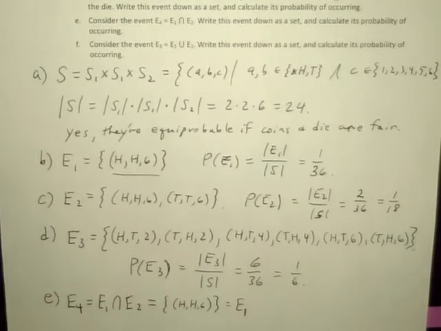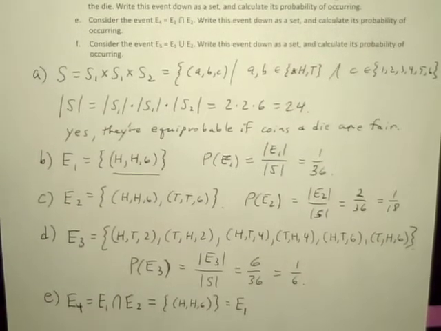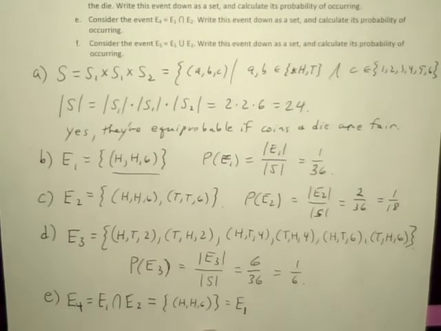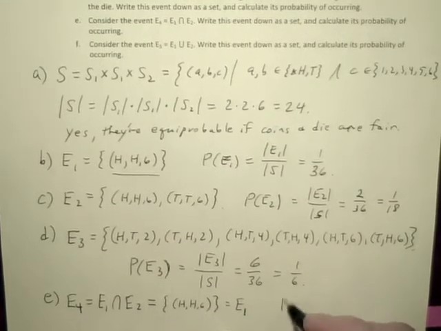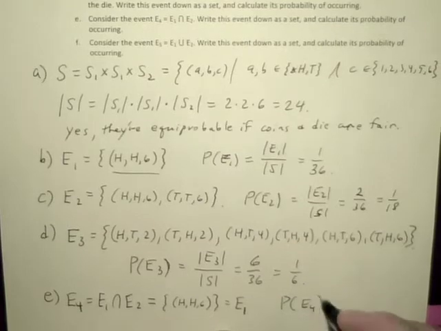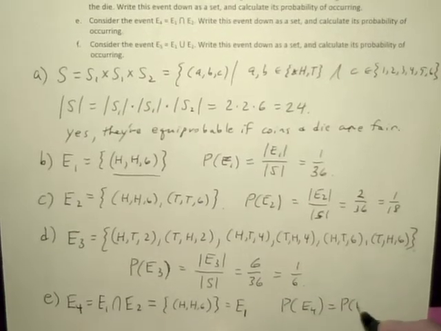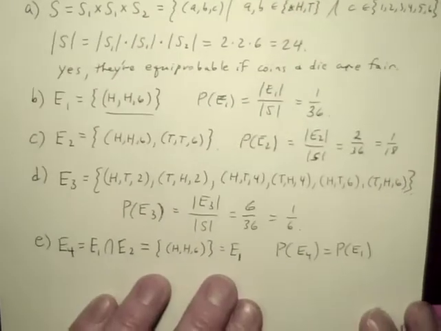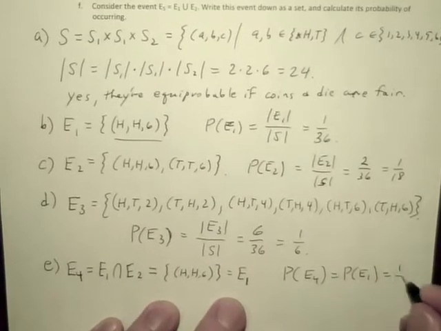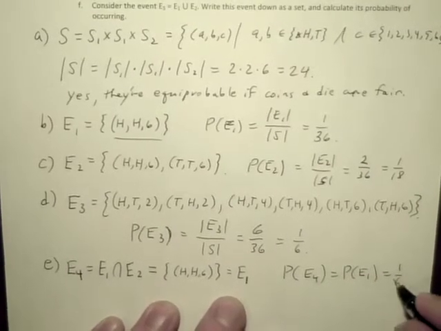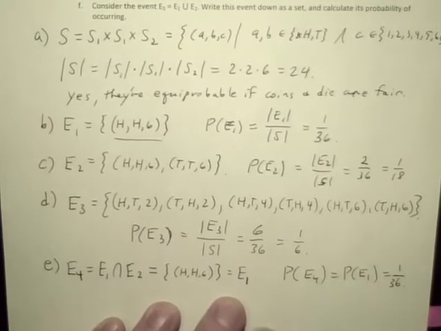Okay, when one set's a subset of the other, their intersection is the smaller set. Write it down or calculate its probability, which is the same as the probability of E1. There, I'm still on 1/6. I'm sorry, 1/36. It's getting late.